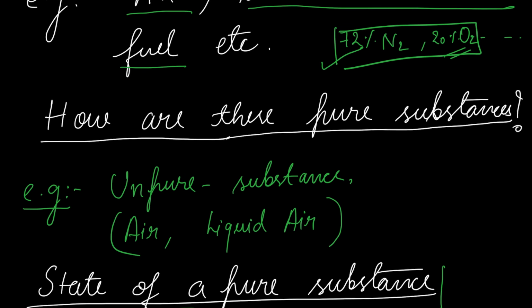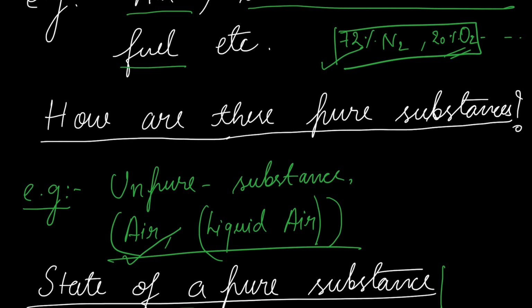So if there is a mixture of air and liquid air, this is not a pure substance because the composition of nitrogen and oxygen in air is different from the composition of nitrogen and oxygen in the liquid air. This is the reason why this is not a pure substance.